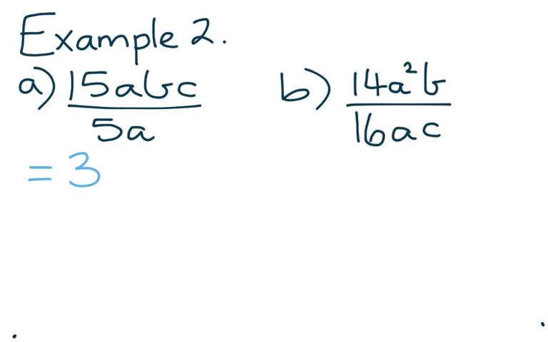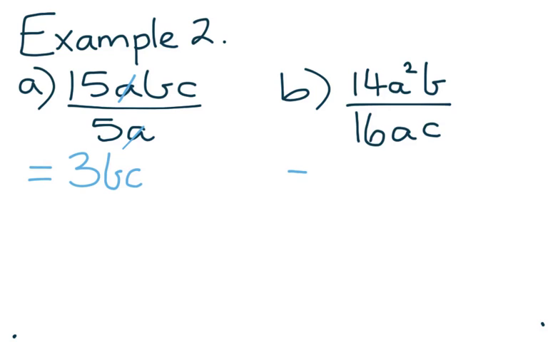If you divide anything by itself, so 5 divided by 5, 10 divided by 10, 20 divided by 20, they all give you an answer of 1. So what we can actually do is just cancel them out, because we know 3 times 1 just gives us 3. And then can we do anything with the bc? No, we can't. We just leave it as it is. And it stays on the top because it was at the top to begin with.